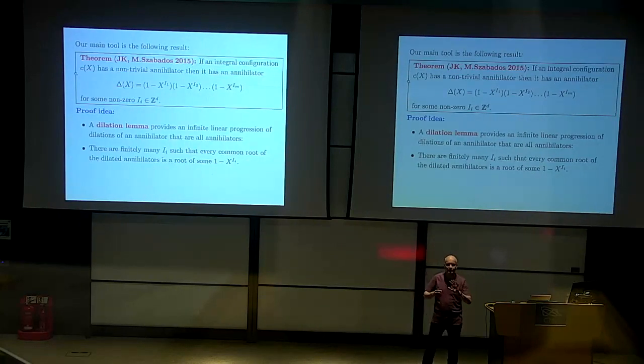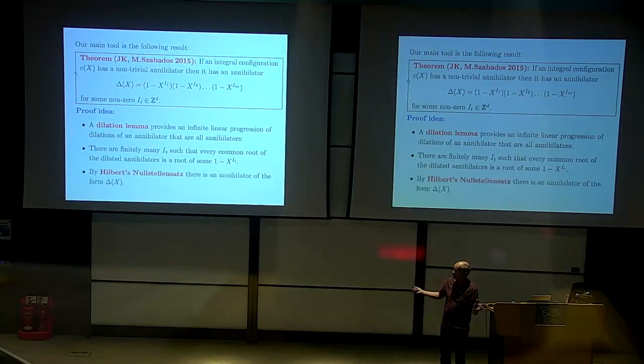If you take any complex number which is a common zero to all these dilated polynomials, it turns out that that number is a root of unity, and there's actually only a finite number of this kind of difference binomials, such that your zero has to be a zero of one of these. These are given by the difference vectors in your shape. There's a finite number. So any common zero to all your dilated polynomials is a zero of such a guy.